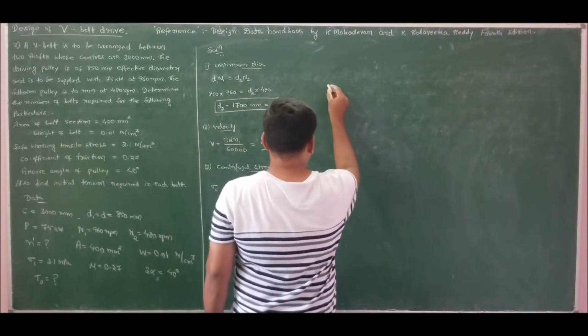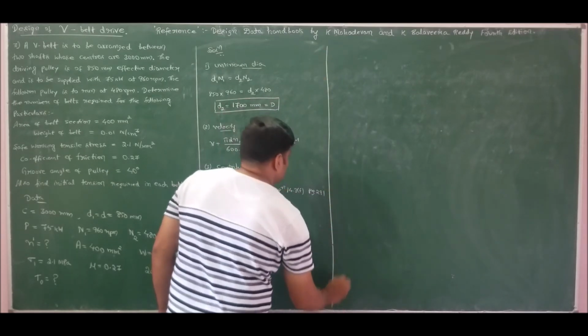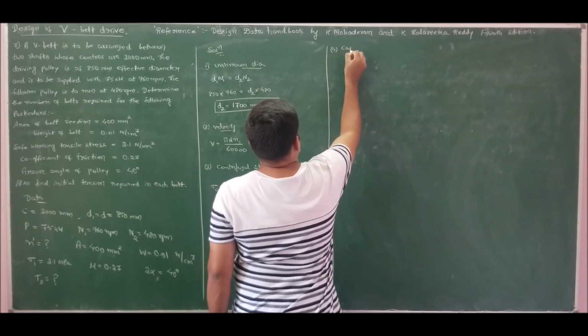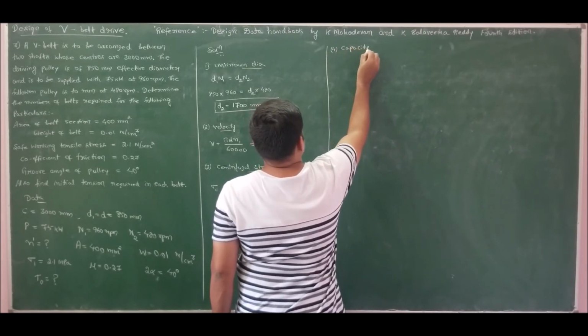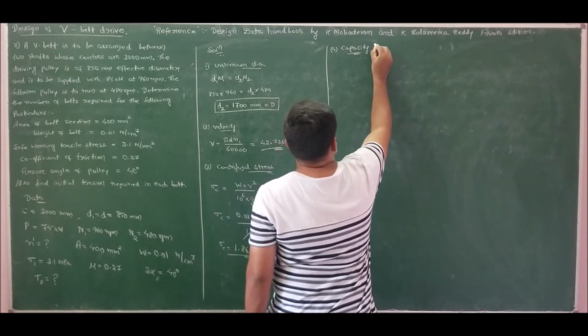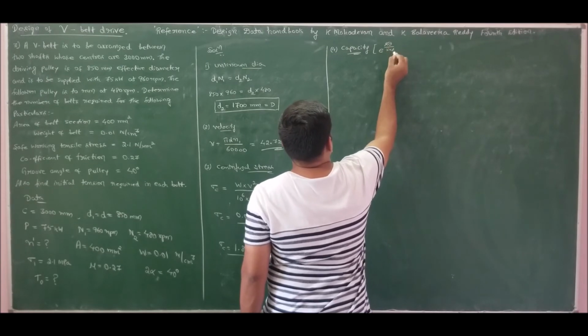Next, moving to step 4. Let's find the capacity. So here for V belts, capacity is given by e to the power of mu theta by sin alpha.